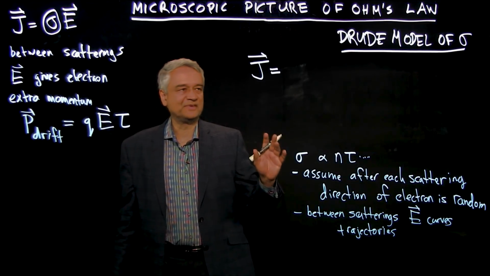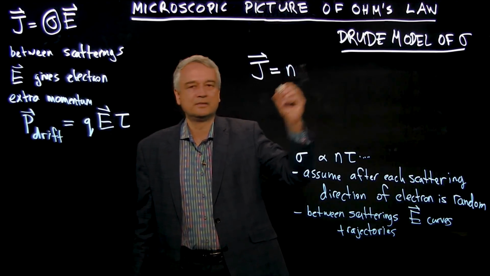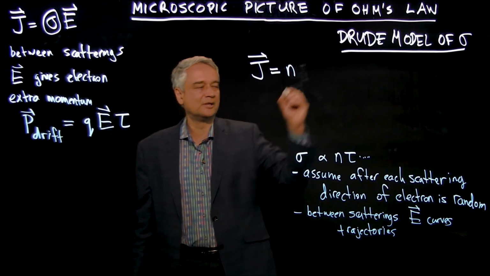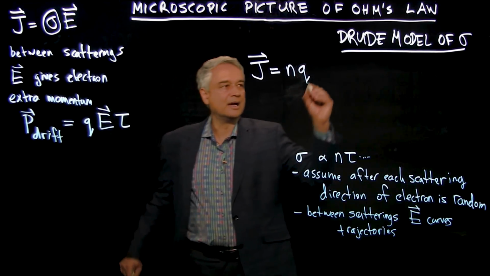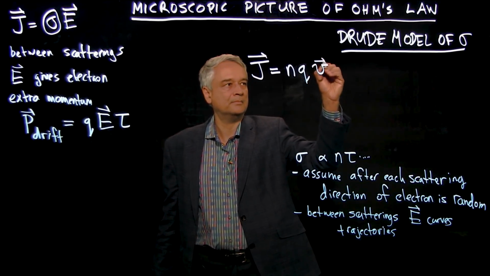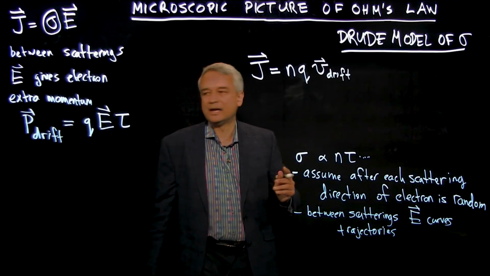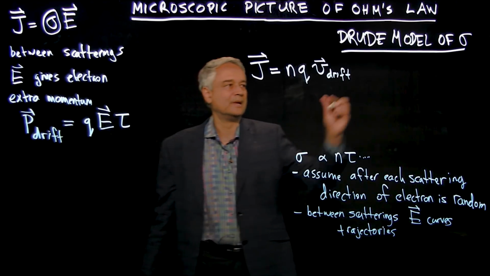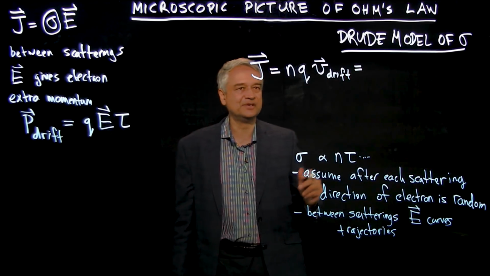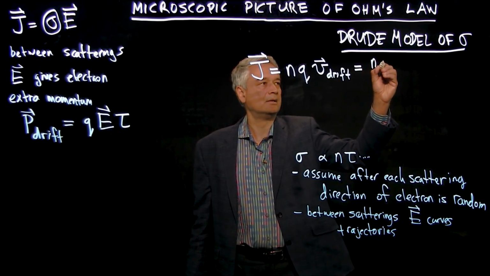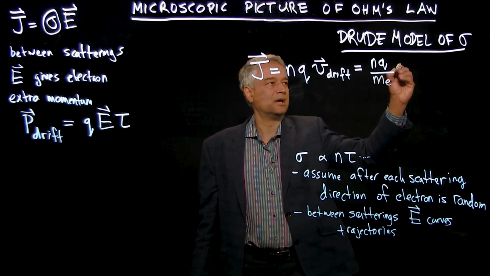So in the previous video segment, we saw that J in a conductor was N, the number of charge carriers per unit volume, Q, the charge of each charge carrier, here they are electrons, times the drift velocity. And, well, I can relate the drift velocity to the drift momentum very simply by noting that P drift is M times V drift. So this is NQ divided by the mass of the electron times P drift.